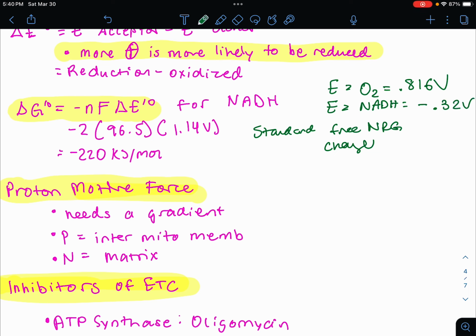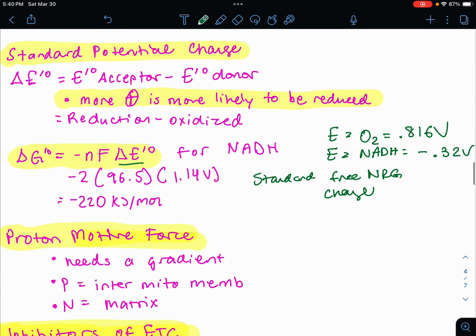Okay, so how are we going to first calculate our delta E? We could do this first equation, the standard potential change. Remember, the more positive or greater the number, that's most likely to be the reduced number in the equation. So we could set up delta E as the E of the reduced minus the E of the oxidized, or the donor.